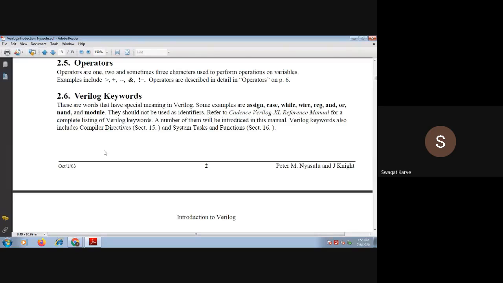There is a list of restricted keywords in Verilog that I will show you in the next lecture.